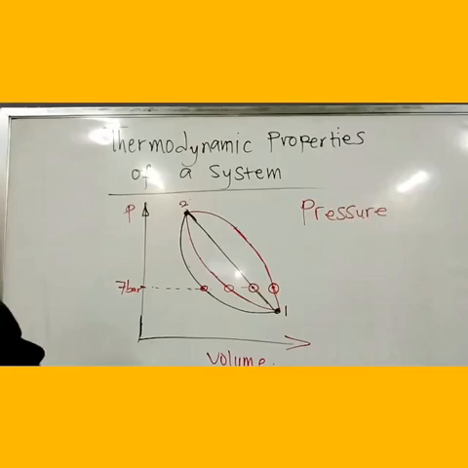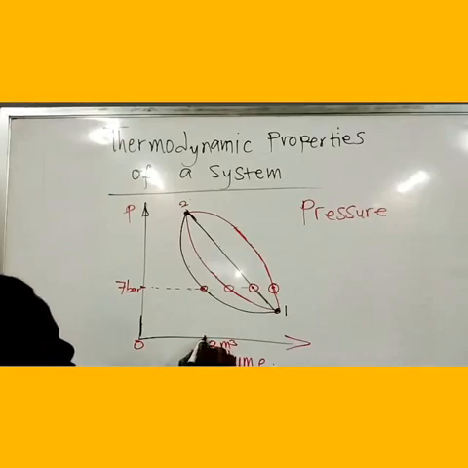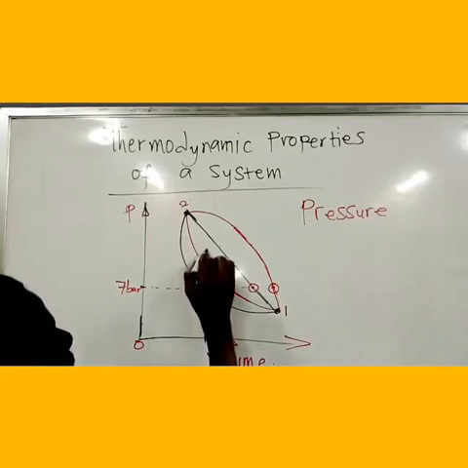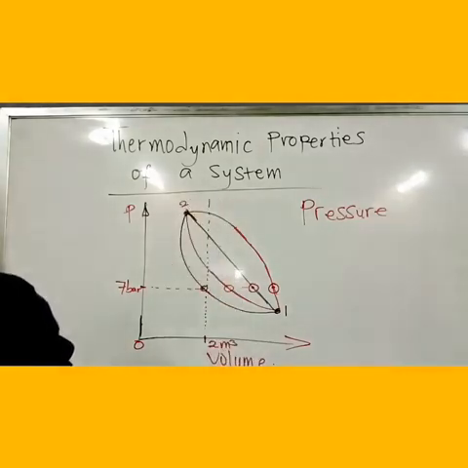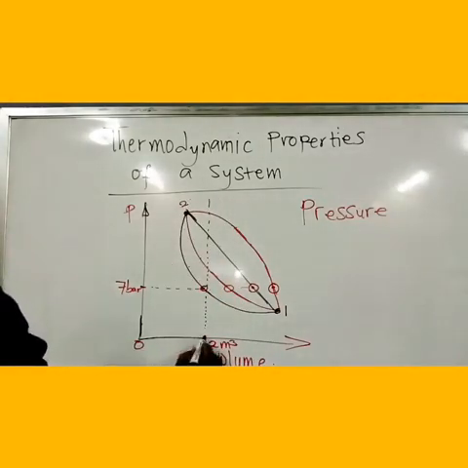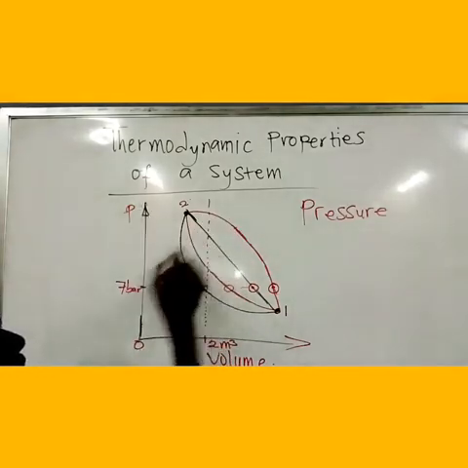Now, if you want to measure volume at this point from the reference O, if the volume at this point is 2 meter cube, volume remains the same vertically, parallel to this vertical axis.